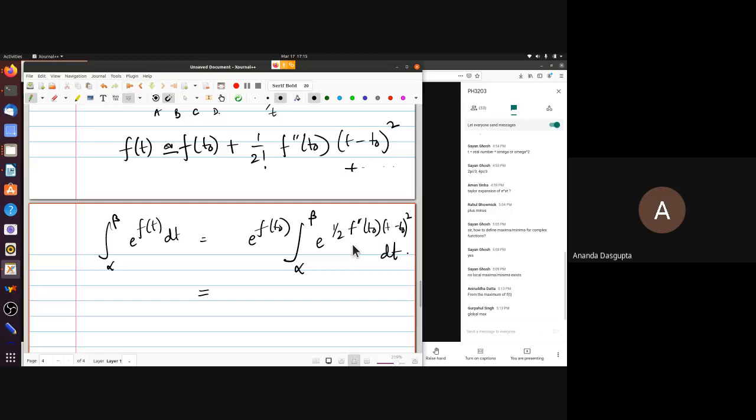Come on. f double prime t0, what is this?